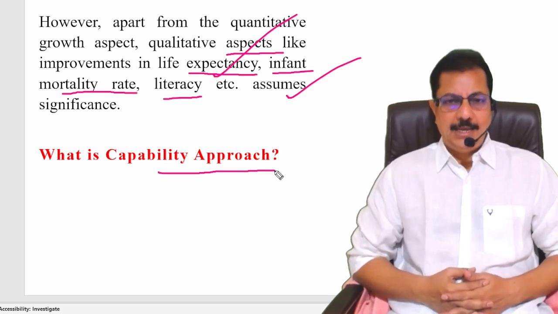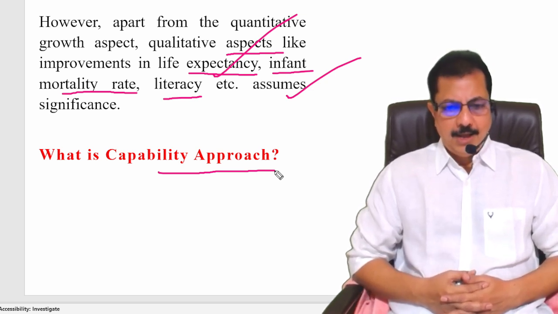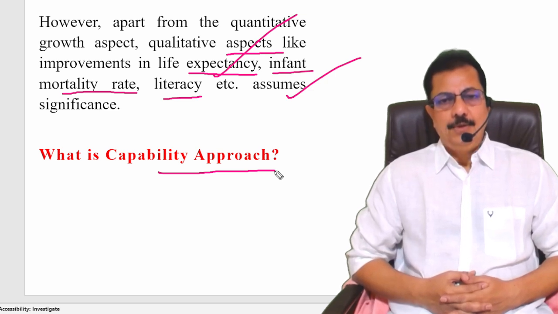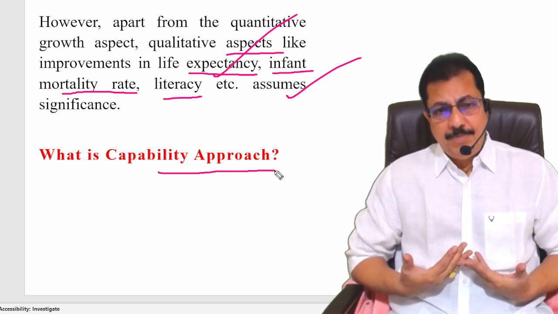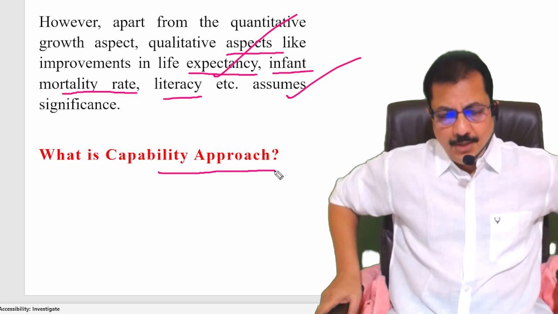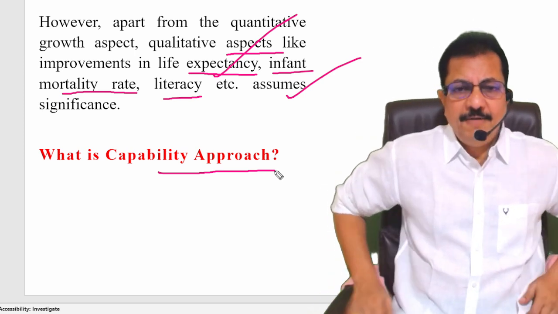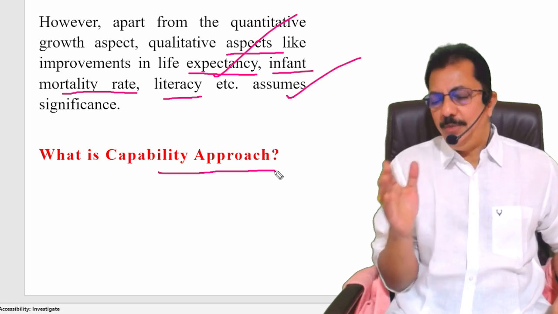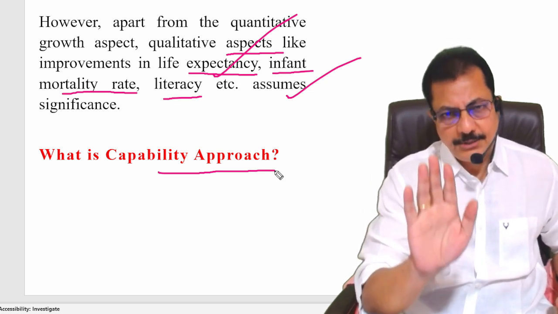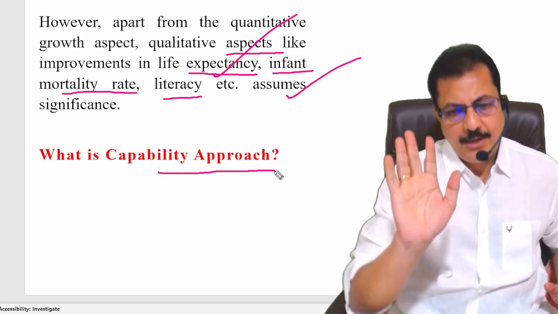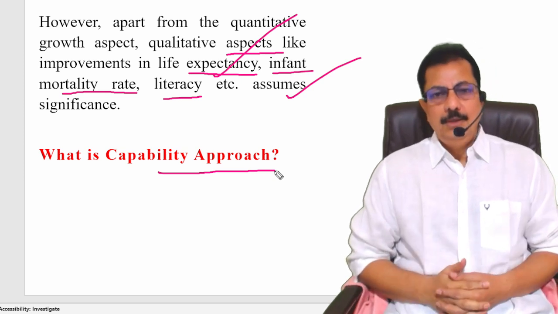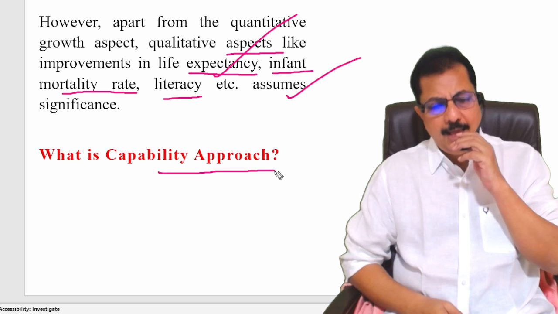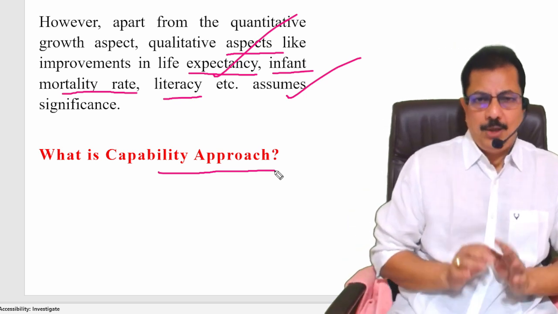First of all, as a human being, I have to look at my capacity. When I am looking at my capacity and capabilities, I should also be looking at the functioning system. What do you mean by functioning? What do you mean by capability? I am going to tell you now. Listen to me carefully. So when I say capability approach, I am mentioning about the quality.